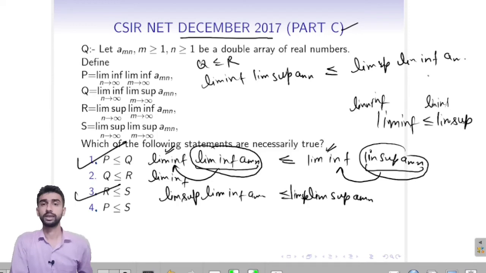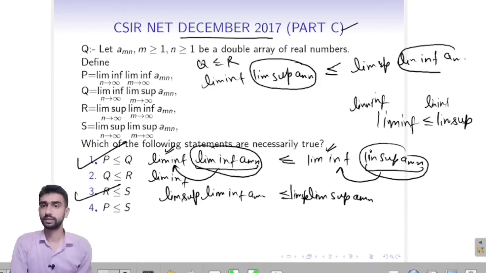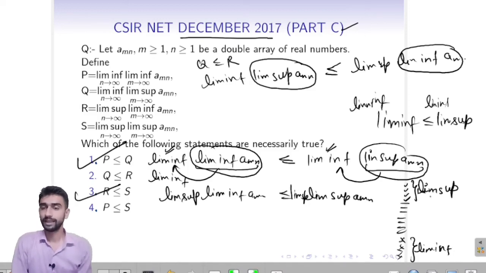Now you can see, first of all you find the LimSup, and here you are finding the LimInf. Means if I say these are all the a_mn, by this tick I am representing all the LimSups, and by this cross I am representing all the LimInfs. Now among all these LimSups, I take the least, which means the LimInf of LimSup.